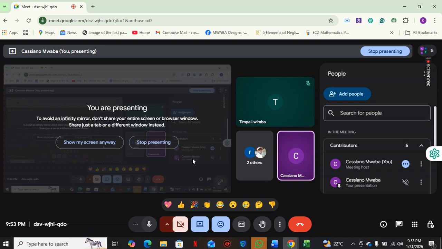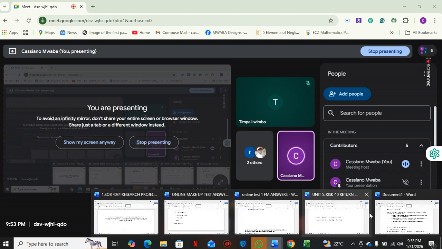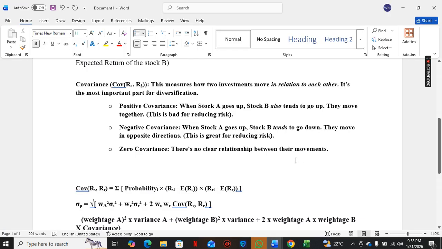But the disadvantage is if one does bad, the other one also does bad. So when you're forming a portfolio, you want your investments to move in opposite directions. Negative covariance, so that in case things go bad that year, if one investment doesn't do well, the other one should do better.